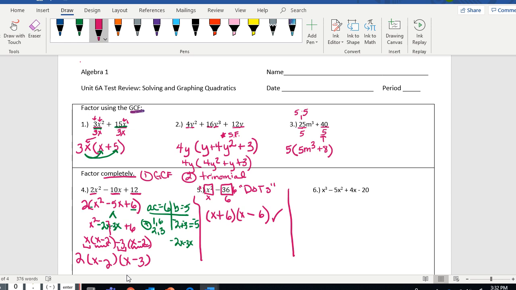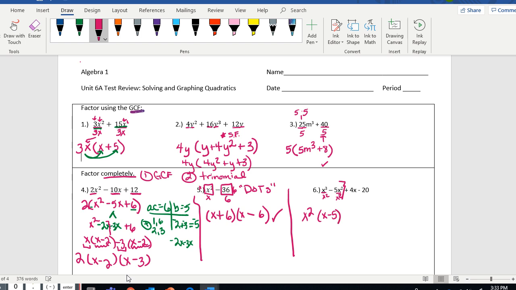Okay, this one has 4 pieces. When it's 4 pieces, you have to Shazam this baby. You don't have a choice. X squared comes out of the first one, leaving me x minus 5. Now, if you needed to do divide x squared, like we did in some up here, you're welcome to do that, okay?